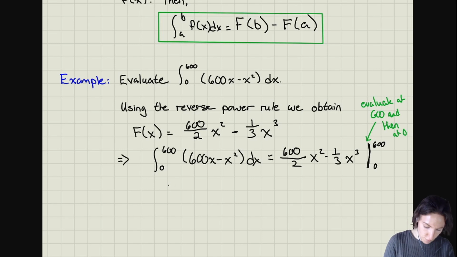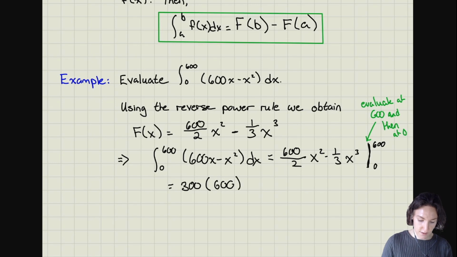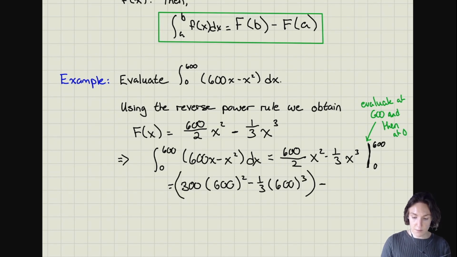Okay, so in particular, we would have 600 divided by 2. We'll just write that as 300. And then we're going to plug in 600 squared minus 1/3 600 cubed. Okay, so we're going to do all of that, and then we're going to subtract it off doing 300 times 0 squared minus 1/3 0 cubed.